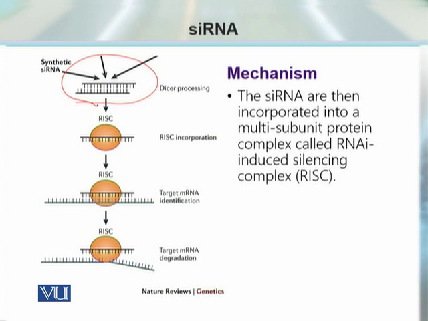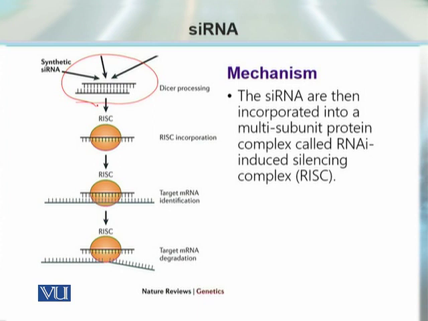This RISC molecule binds with the double-stranded siRNA molecule, and it holds the antisense strand of this siRNA, whereas the second strand, which is the sense strand of this RNA molecule, is separated and removed.